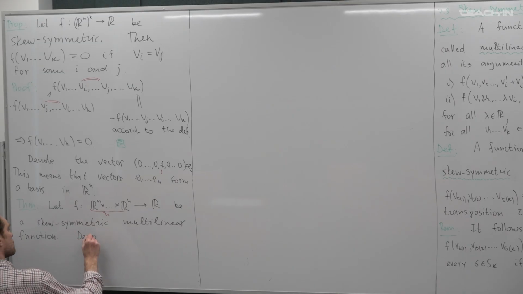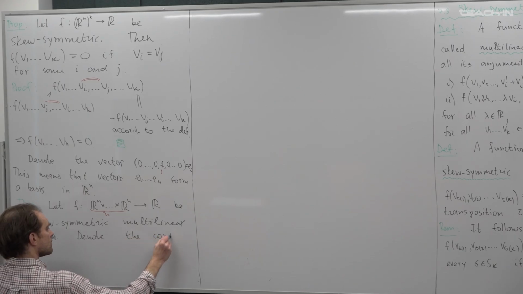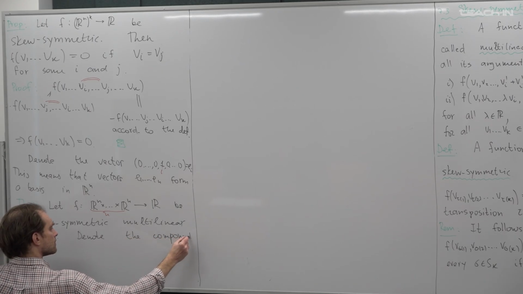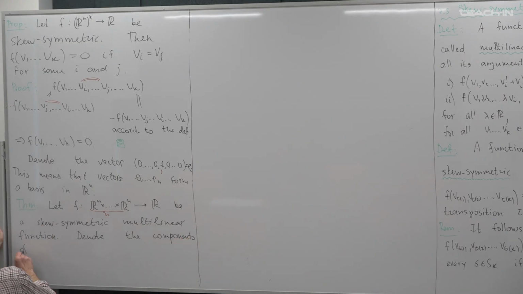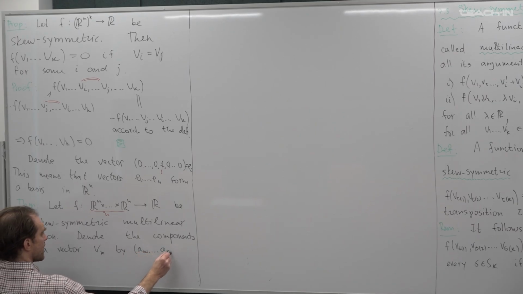Denote the components of a vector v sub k by a sub k1, etc., a sub kn.